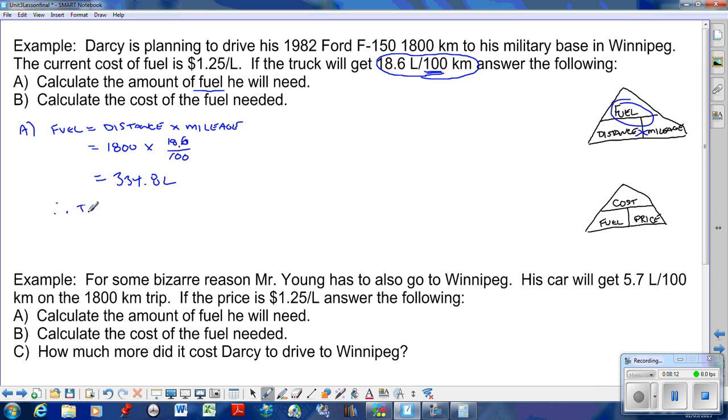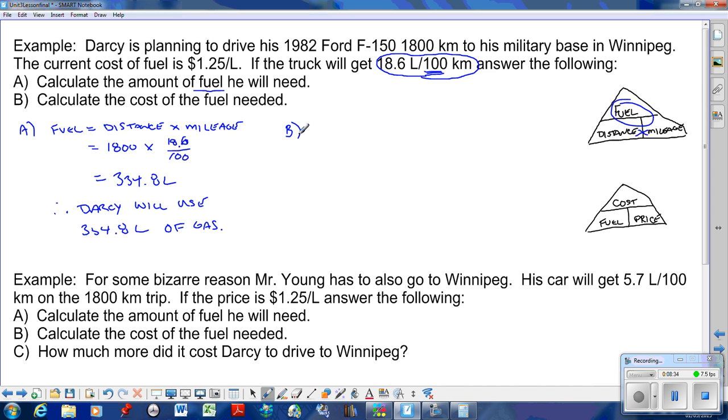So therefore, Darcy will use 334.8 liters of gas. So he's got a bit of an old beater truck here, and it's taking a lot of fuel to get out there.